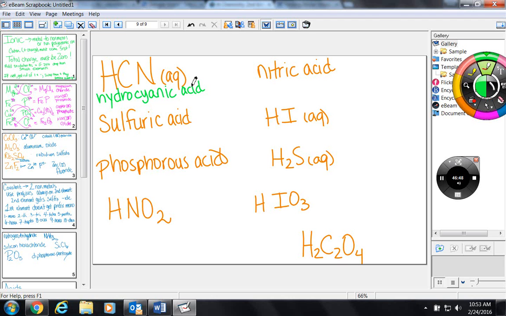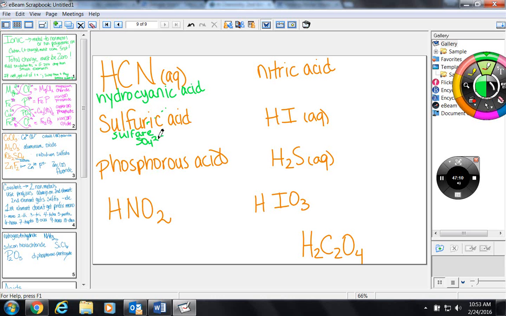All right. We have to do these a little bit backwards. Sulfuric acid. It ends in ic, so I take off the ic. That means I need sulfate, which means I need SO4 2 minus.